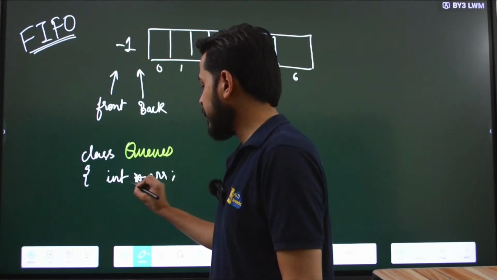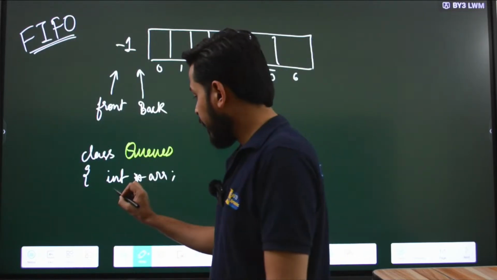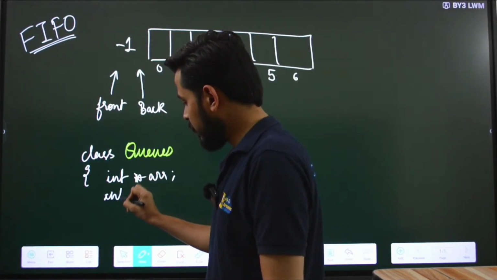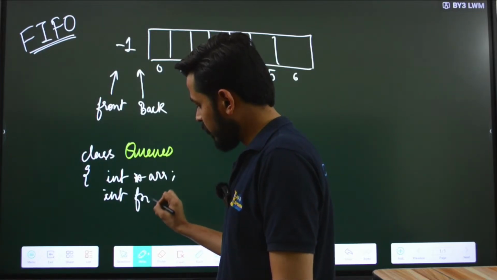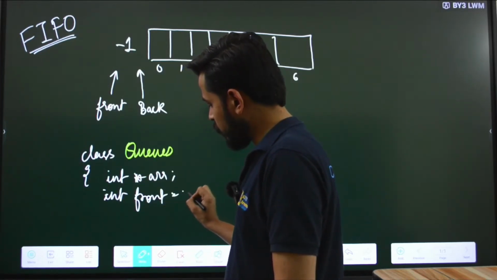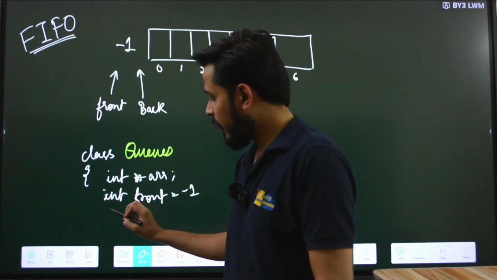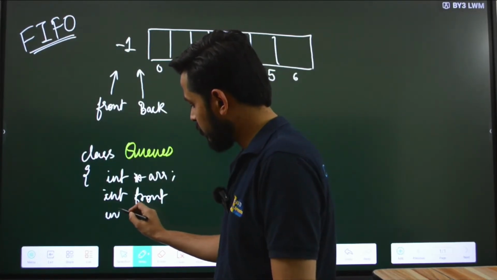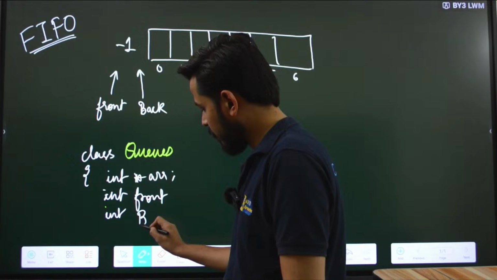So I said int star ARR, and we will have two variables: int front equals to -1, and we will do that later on, and int back.